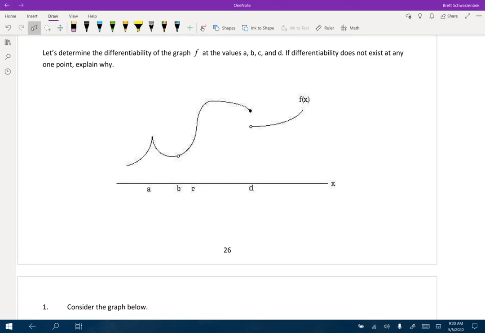The directions here say, determine the differentiability of a graph at the values a, b, c, and d. If differentiability does not exist at any one point, explain why. So what we're going to do is go through the graph, and it has already been stated, and by the way, in an exam situation it probably won't be stated. You'll probably have to find it. We'll get to an example of that in a second.